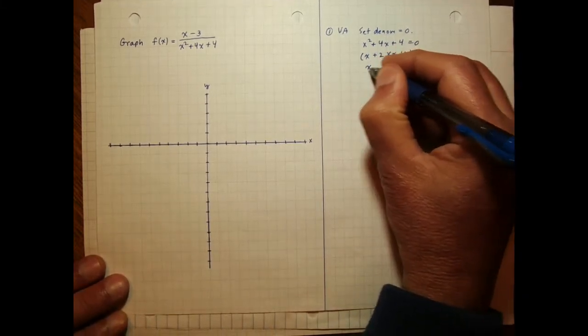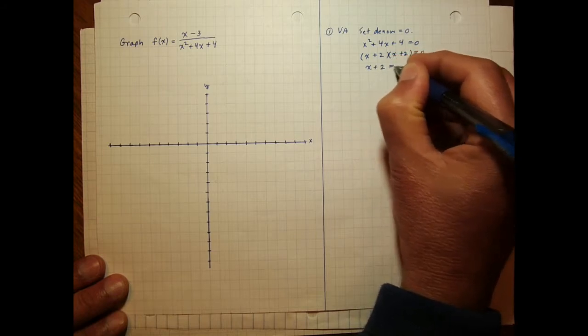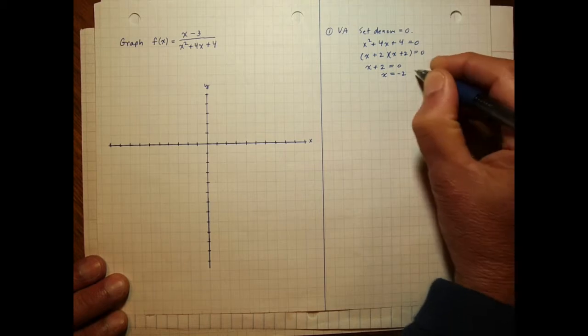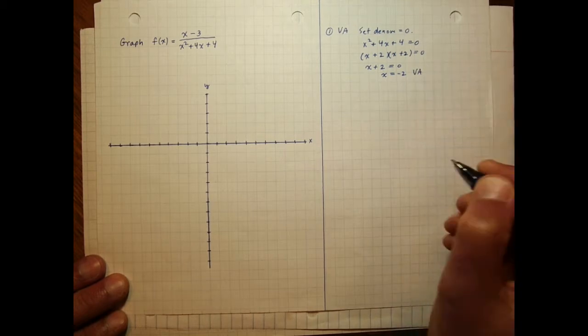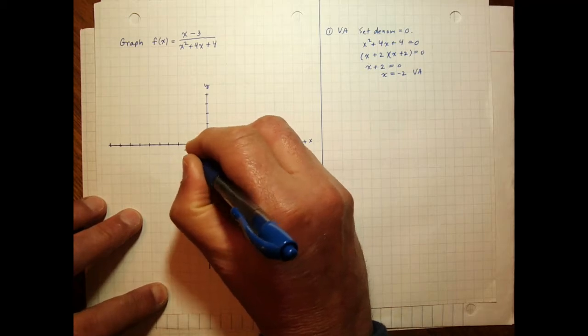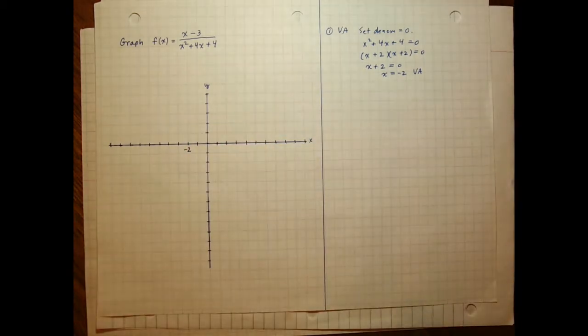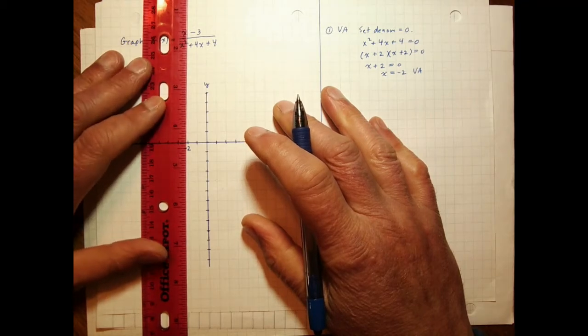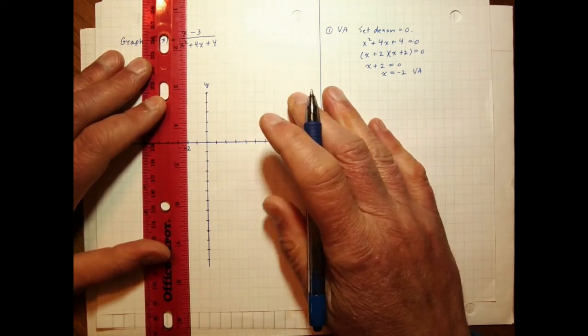Actually, both factors are the same, so we only have to solve x plus 2 equals 0. x equals negative 2 is our vertical asymptote. So on my graph at negative 2, I know to put my dotted line for a vertical asymptote.